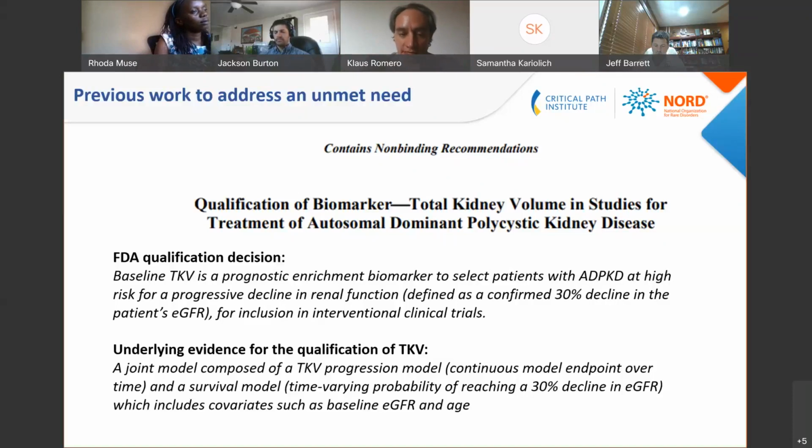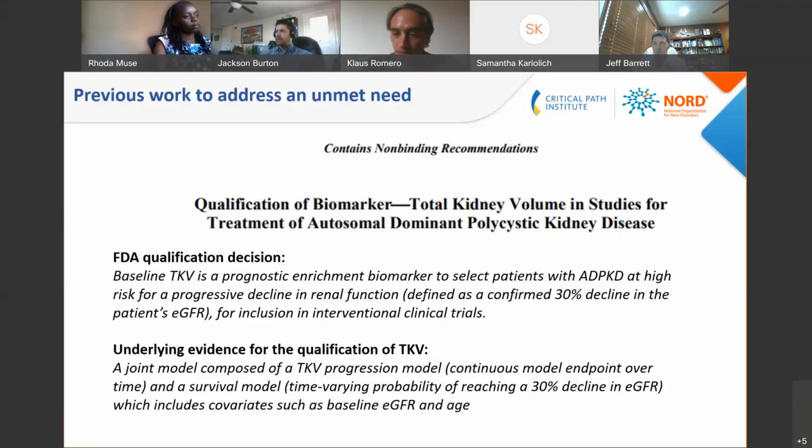What Rhoda indicated in the evolution of the model is that now there is a model that looks at the longitudinal dynamics of TKV and EGFR together, which allows you to derive any % loss of EGFR over time, and joined with a survival model for end-stage renal disease, which is a very clinically relevant endpoint later on in the course of the disease. I hope that answered the question, Jackson. Yeah, that was great. Appreciate it, Klaus.